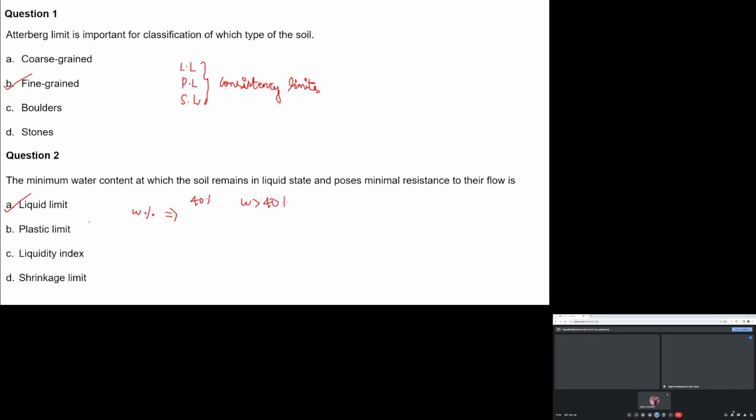That is why it is the minimum water content at which soil remains in liquid state and poses minimal resistance to flow. When it is in liquid state, it is relatively more flowable. It tends to be a slurry. One more, we can extend this question: what will be the shear strength of the soil at this liquid limit?